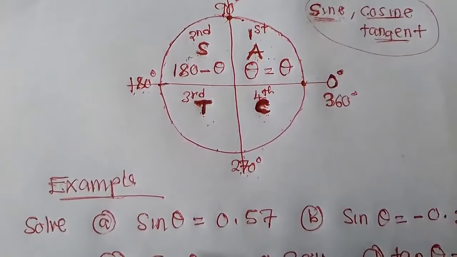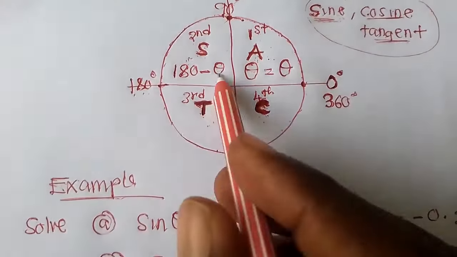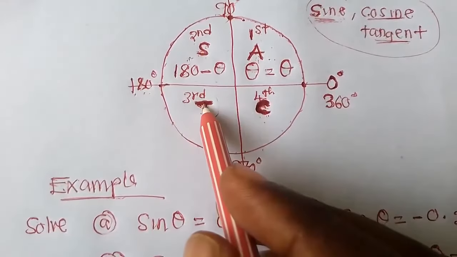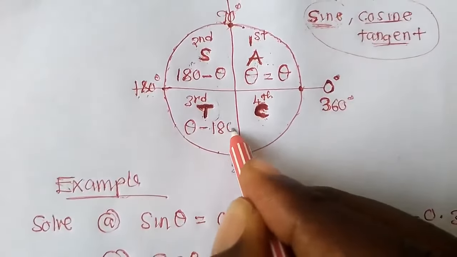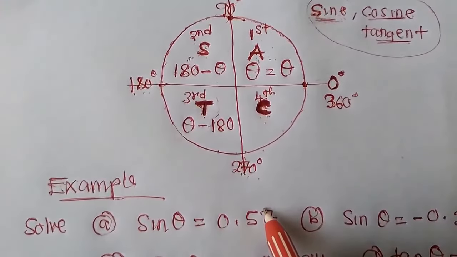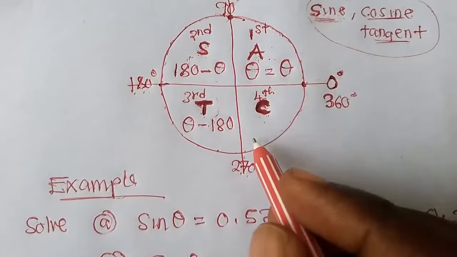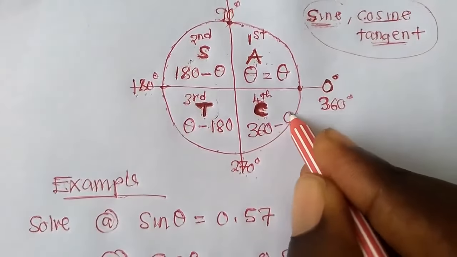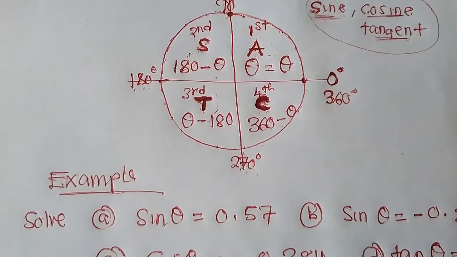Then we go to the third quadrant. In the third quadrant, it is theta plus 180. Then in the fourth quadrant, what you need to do is 360 minus theta. These are principles that we need to know and understand.